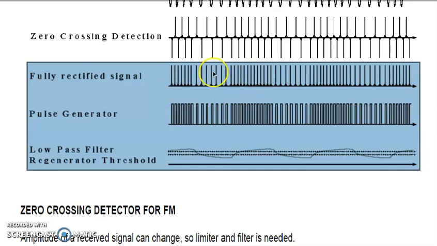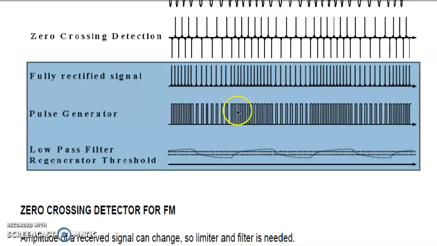Now, we use these impulses to generate pulses of constant width. These are digital signals. We are getting rows of zeros and ones, and for each high signal at the output of the rectifier, we can generate a pulse of constant width.